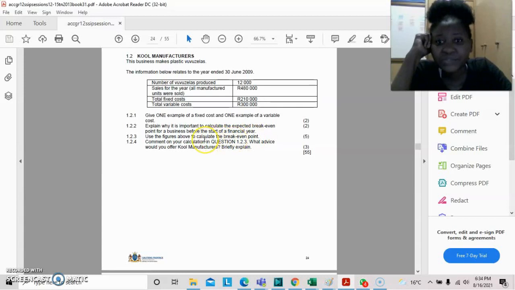Okay, and then they're saying use the figures above to calculate the break-even point. I'm not gonna do this for you. I want you to try and figure it out. So as soon as you do this one, you can just let me know how much you got for the break-even. And then they're saying comment on your calculation. They always do that.